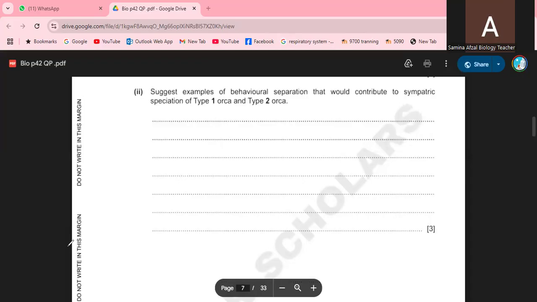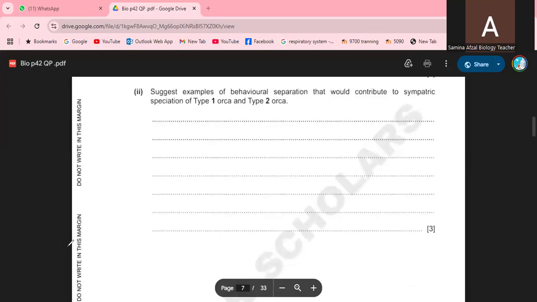So I think that, in the sympatric speciation of type 1 orca and type 2 orca, behavior plays a vital role by reducing or eliminating gene flow between diverging populations within the same geographical area.